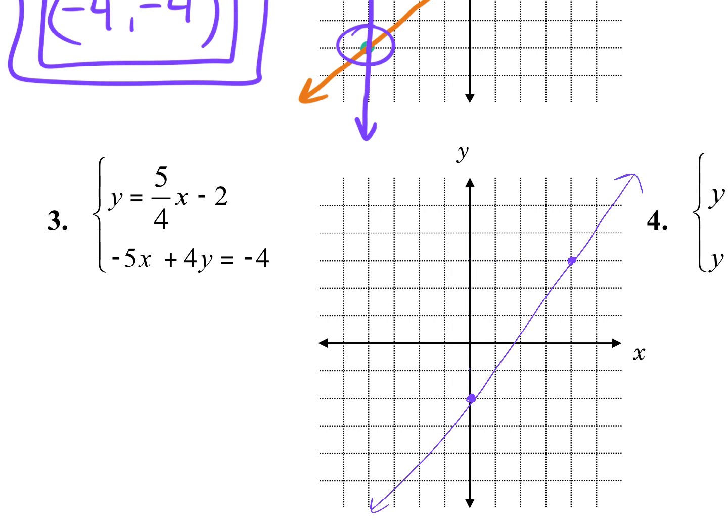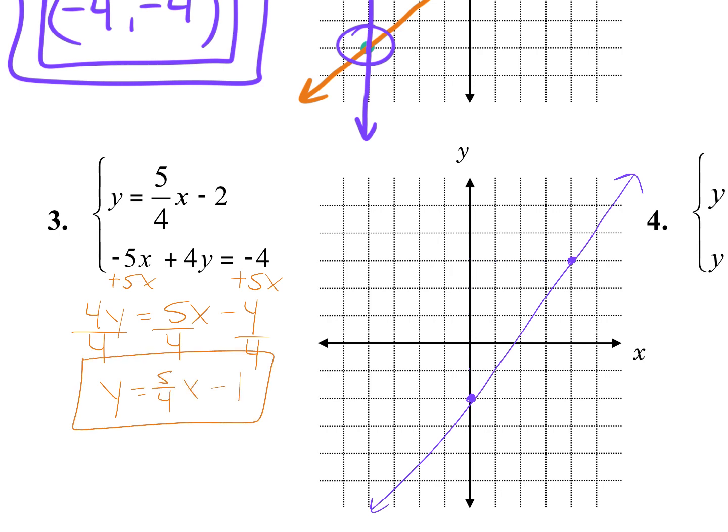The second line is a little bit not beautiful. You could do the cover-up method, but you're going to get a funky set of numbers. Well, at least one funky number. I would probably just rearrange. So add the 5x. So you get 4y equals 5x minus 4. And then divide by 4. And you get y equals 5/4 x minus 1.